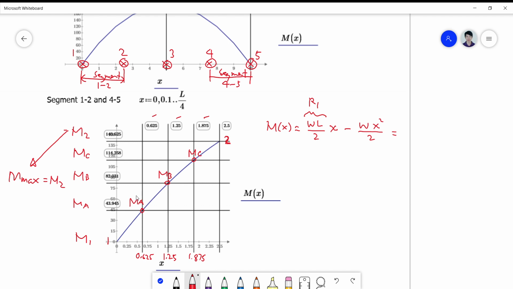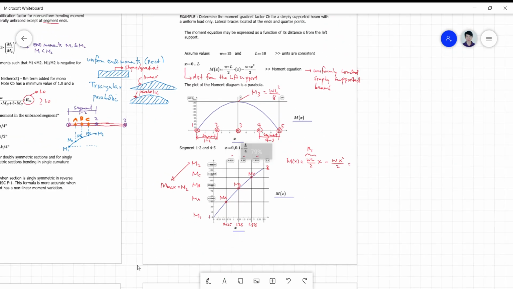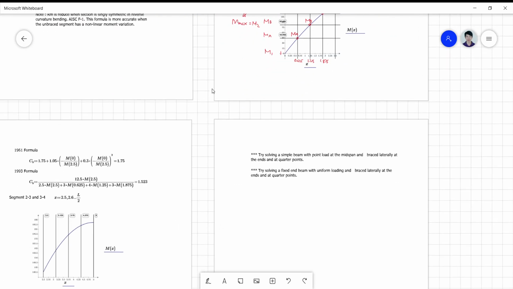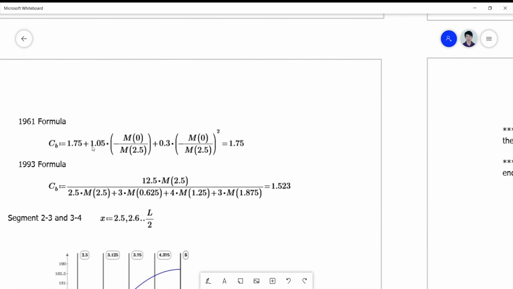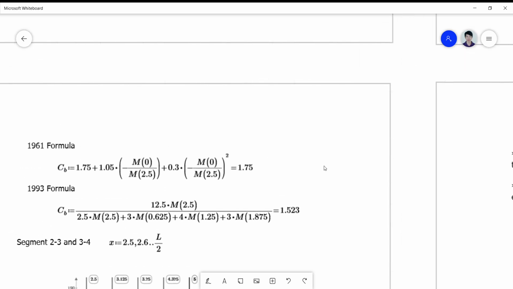So after doing that, I am now ready to use the two formulas. Okay, so I just plug in my 1961 formula the value of my M1 here, which is 0, and the value of M2 here, which is M2 at 2.5. Okay, so what's your M2 at 2.5?